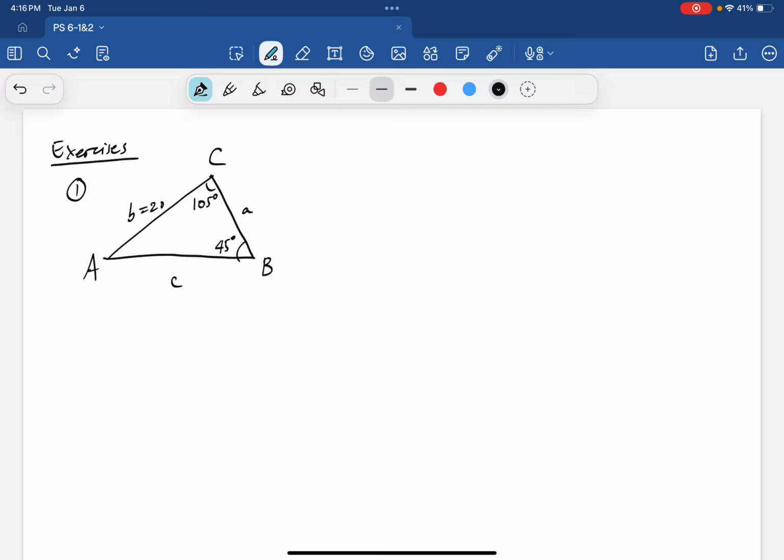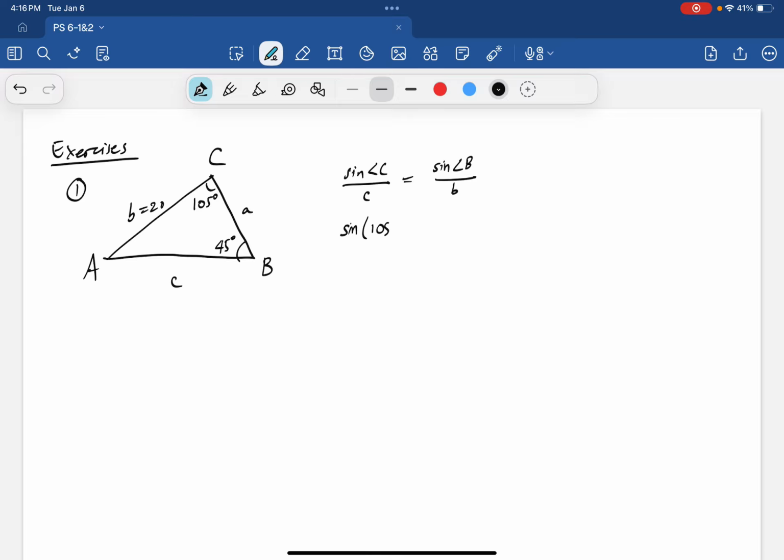Okay, so to do law of sines, I'm going to write sine of angle C over side C is equal to sine of angle B over side B. And I chose B specifically because I already know both the side length and the angle, right? So A would not be helpful for my purposes because I know neither of them. So I'm just going to plug stuff in here.